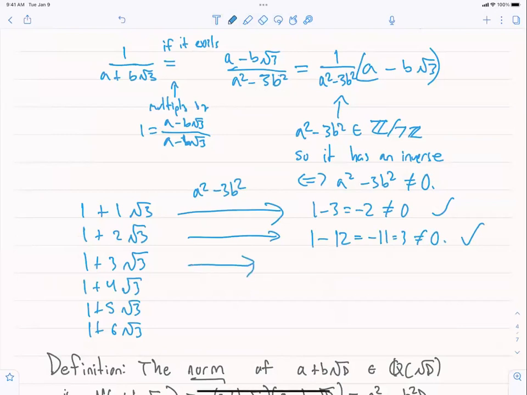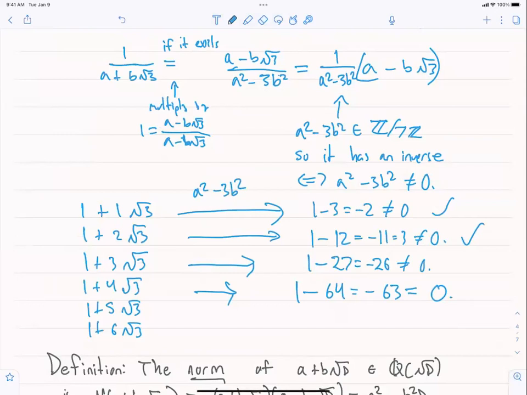If I do this, I get 1 minus 3 squared times 3, so minus 27. This is not 0 because 26 is not divisible by 7. Here I get 1 minus 64 equals minus 63, and that is equal to 0.